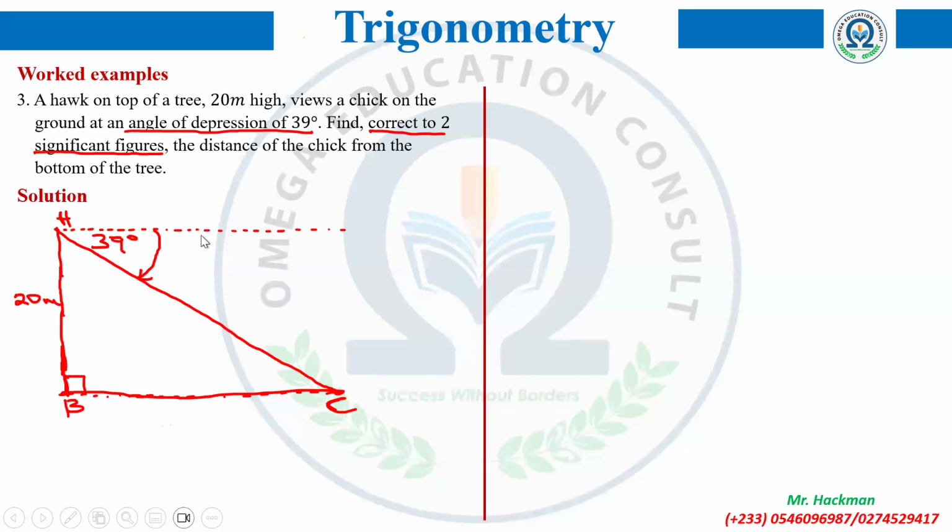Once you have parallel lines and a transversal, certain angle properties will crop up, and one of them is the alternate angles. So this angle here and this angle will be the same. So I can equally say without fear that the angle here is 39 degrees as well.